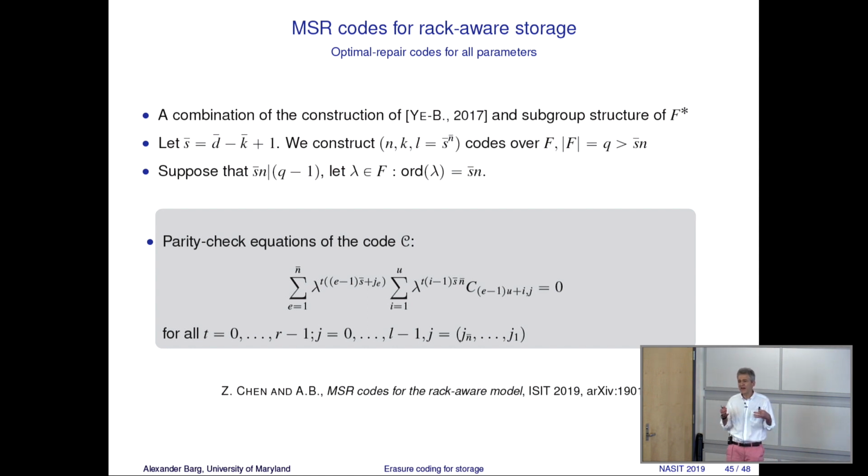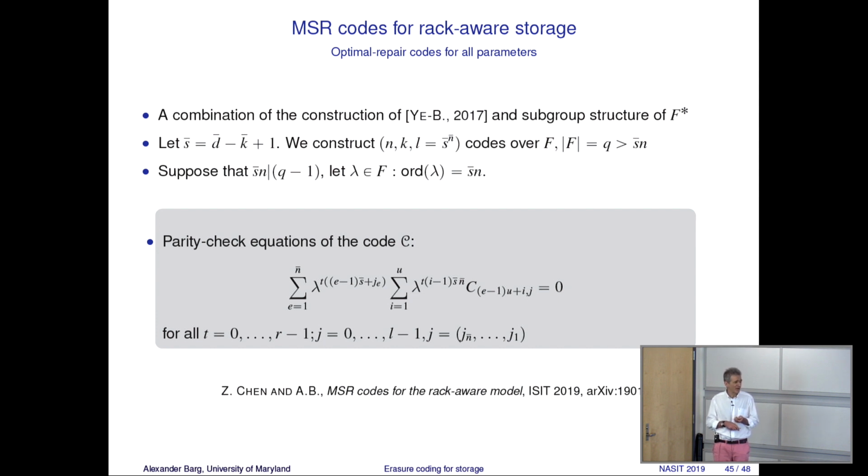It is the size of the rack and the number of nodes in the rack that play out as a single unit. And so we divide by that number, and that translates into using the multiplicative structure of the field in the repair equations. This is work with Chen Zitan, which will be presented in Paris next week at the ISIT.